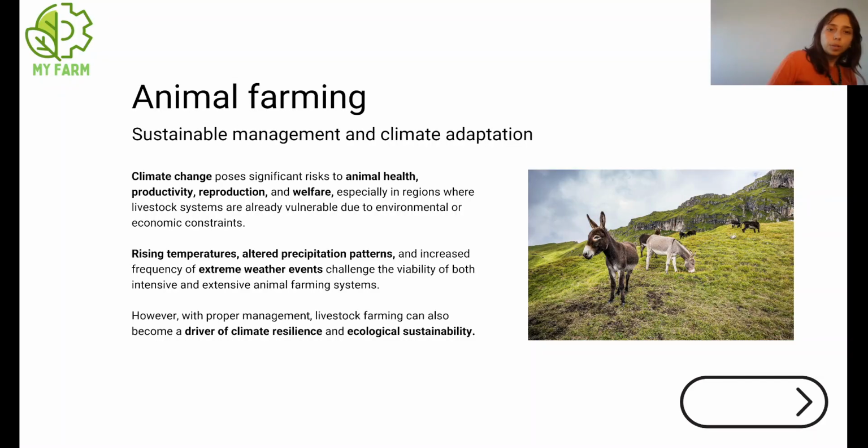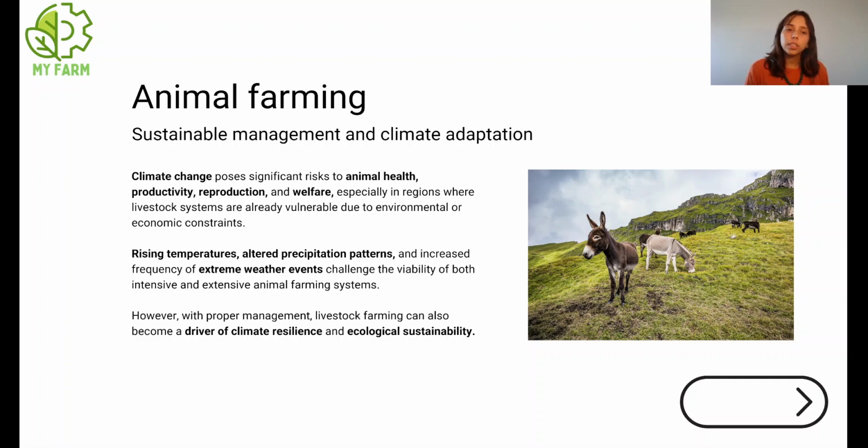Now, about sustainable management and climate adaptation. Sustainable livestock management is an increasingly critical component of climate adaptation strategies in multifunctional agriculture. Climate change poses significant risk to animal health, productivity, reproduction, and welfare, especially in regions where livestock systems are already vulnerable due to environmental or economic constraints.